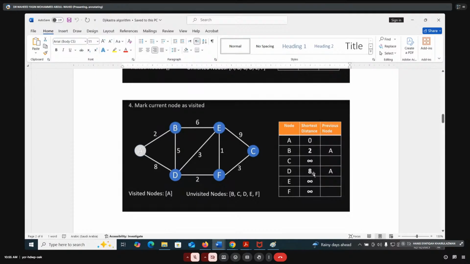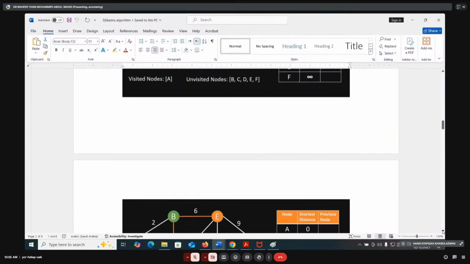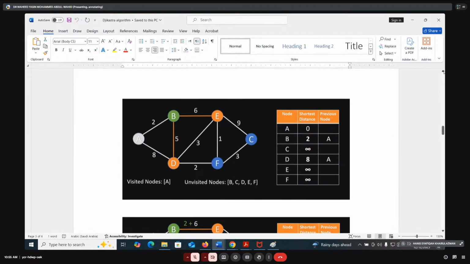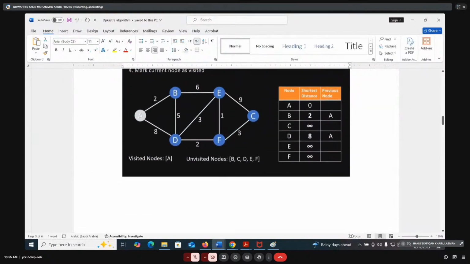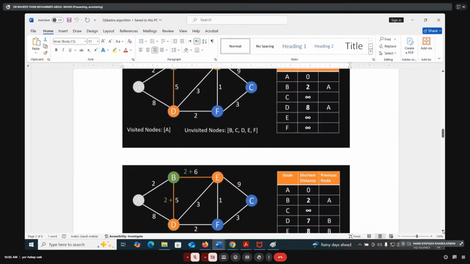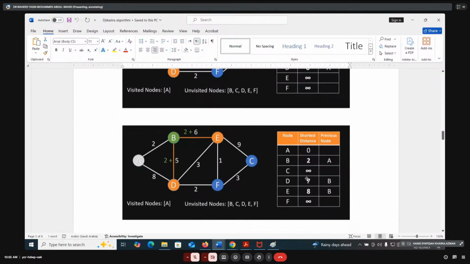So I will replace it with 7 and make the previous node B. Now from B to E, 2 plus 6, the weight plus 2, 8. 8 for E is less than infinity, so I replace it with 8 and make the previous node of E B.